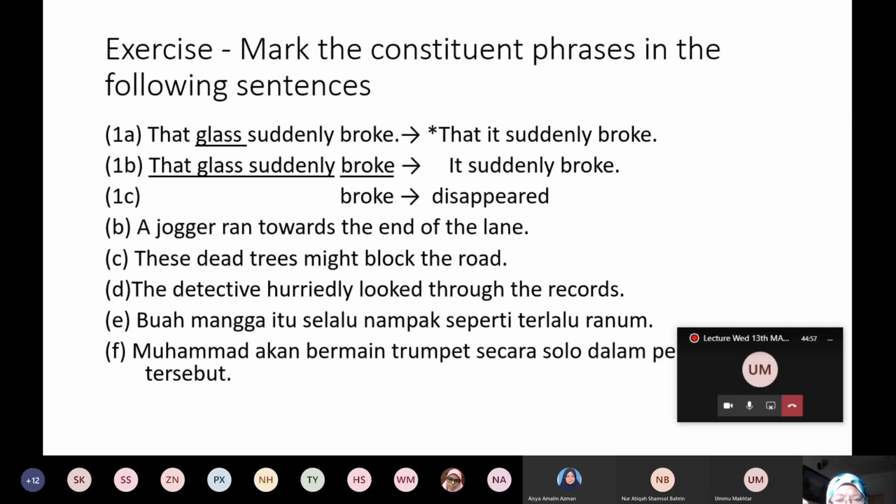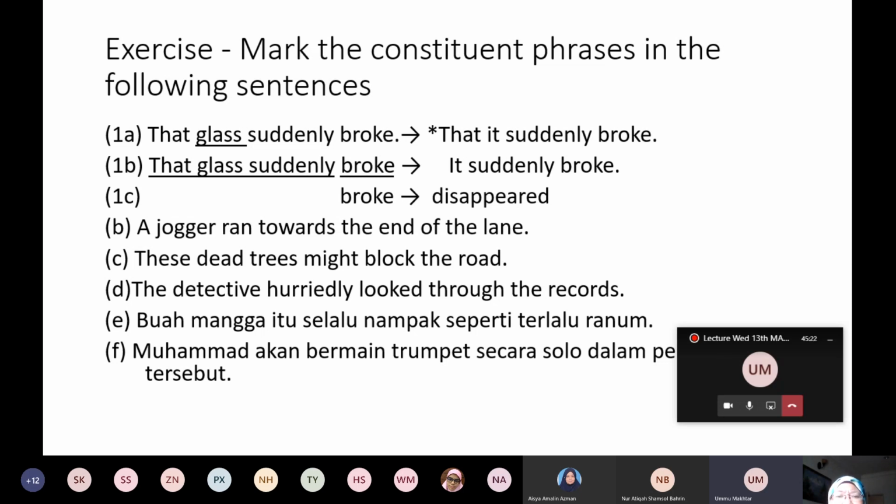What's the inner constituent there? The records. Yes, and through also is a constituent. What category is it?